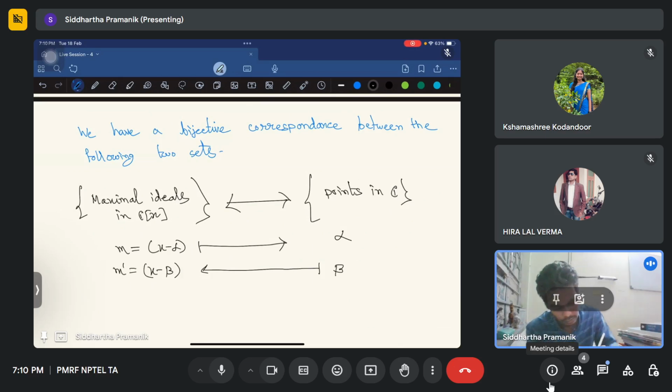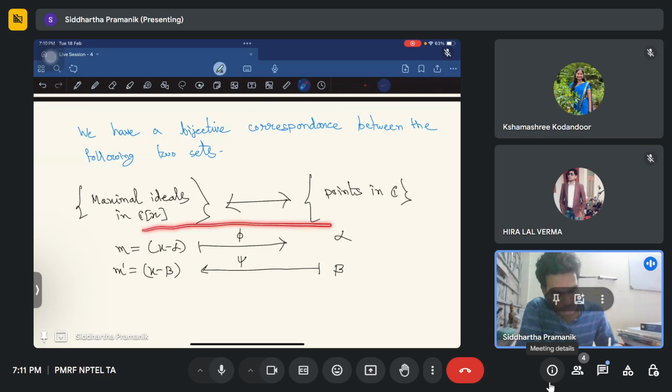Let's say this is phi, and this is psi. Then these two functions are inverses of each other, which means compositions will give you the identity. So that will give you the one-to-one correspondence between these two sets.